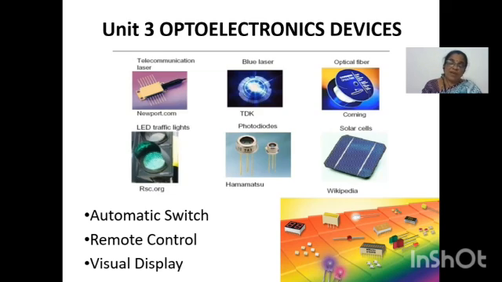So in the remote you'll be having an IR transmitter which transmits infrared rays. In the TV you'll be having the sensors which take up those rays and switch on the TV. Likewise your car, your toys, all this. So all these devices we'll be studying in the third chapter. Along with that your LED, LCD lights and all.